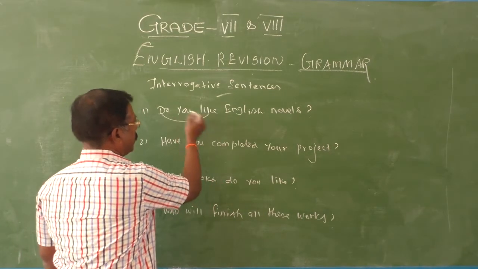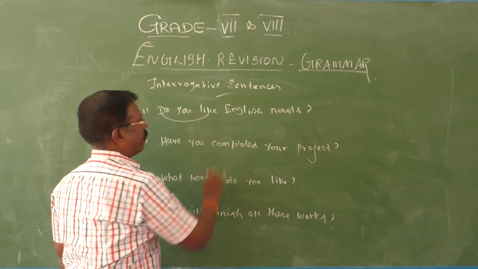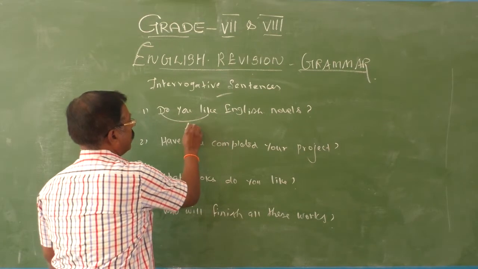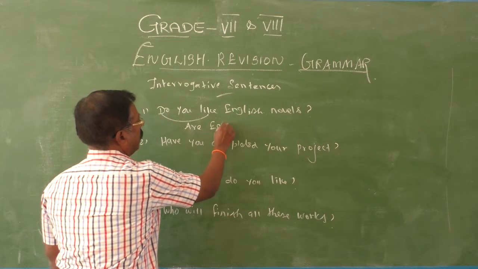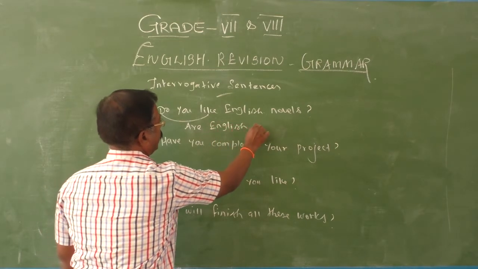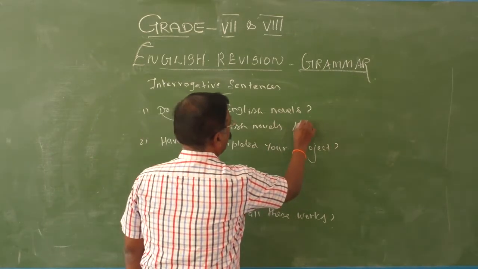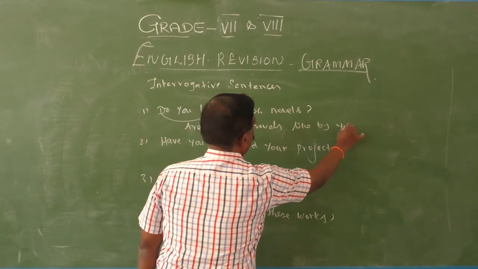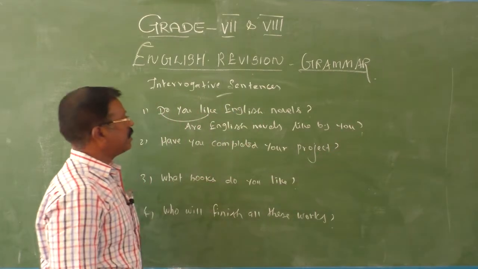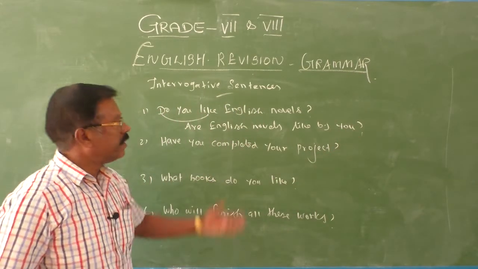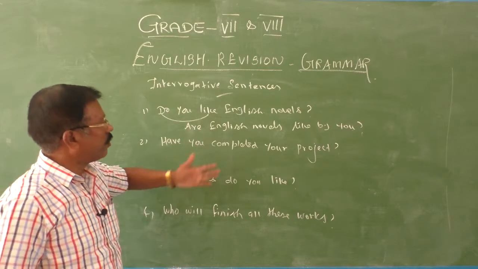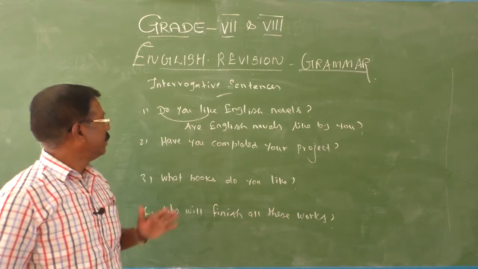Then you change you like English novels: English novels is the object, liked by you. So, are English novels liked by you? It is a passive form, and it is also in the interrogative structure.